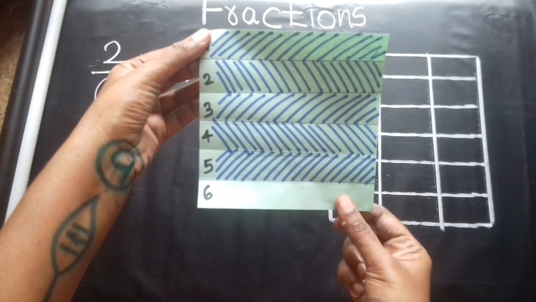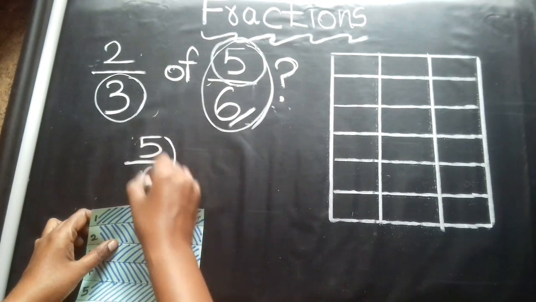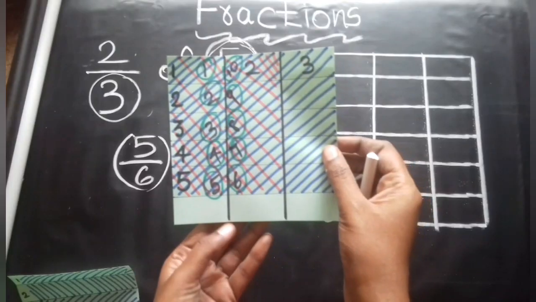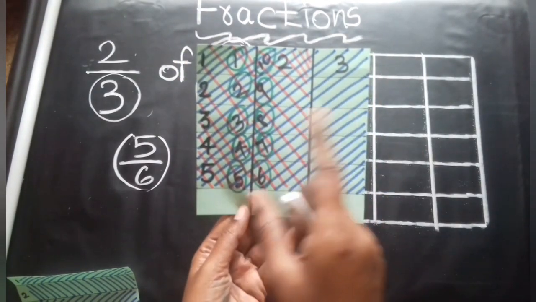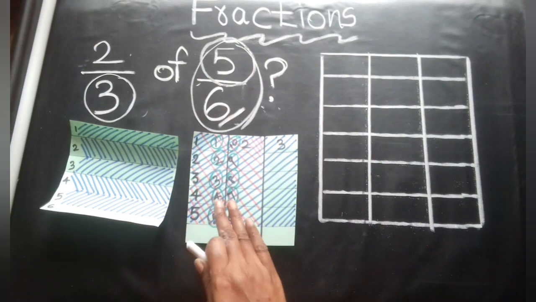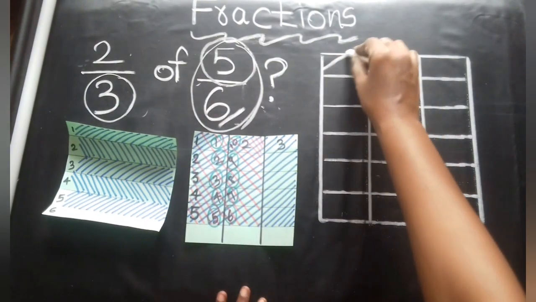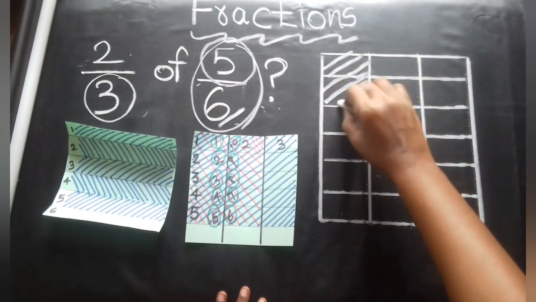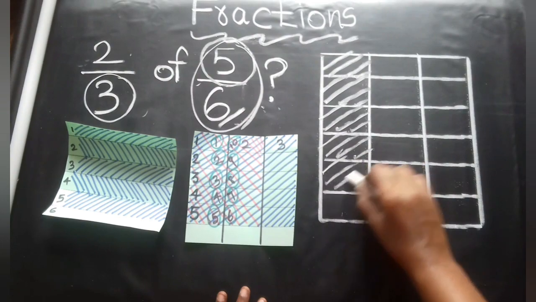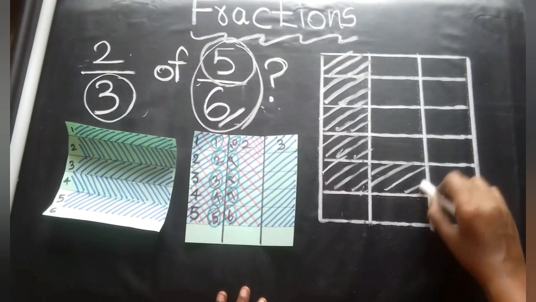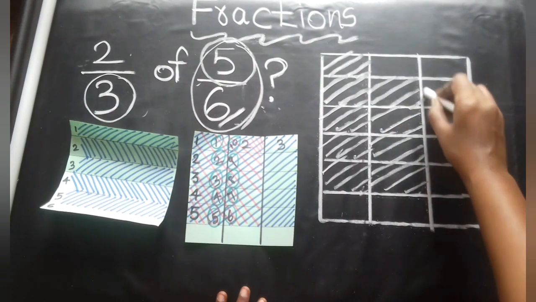So this square paper represents the fraction 5 by 6. This square paper represents 2 by 3 of 5 by 6. Same thing if I represent it in this figure, 1, 2, 3, 4, 5, 6, 7, 8, 9, 10.